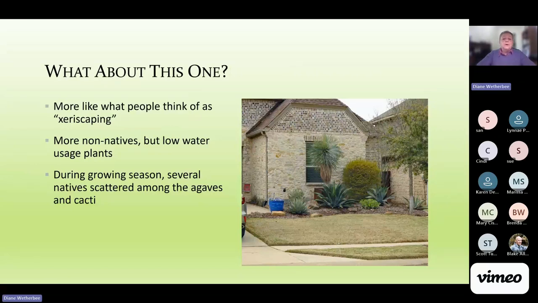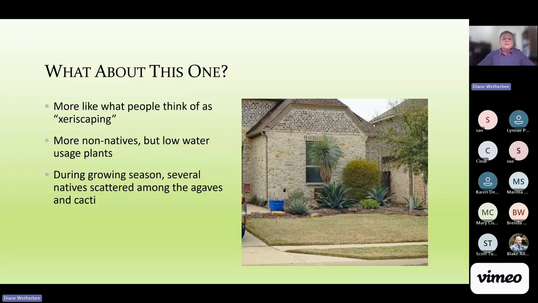So what about this one? This also happens to be in my neighborhood on my street. And this is more of what people think of when they talk about xeriscaping. This landscape still has a lot of non-natives. The agaves and cacti are not really native to this area, at least not these species.